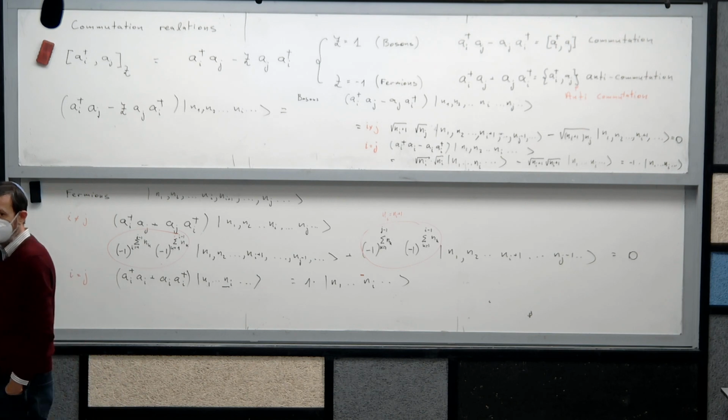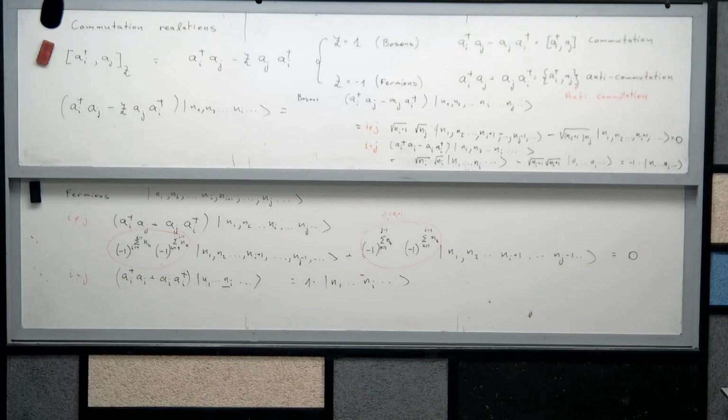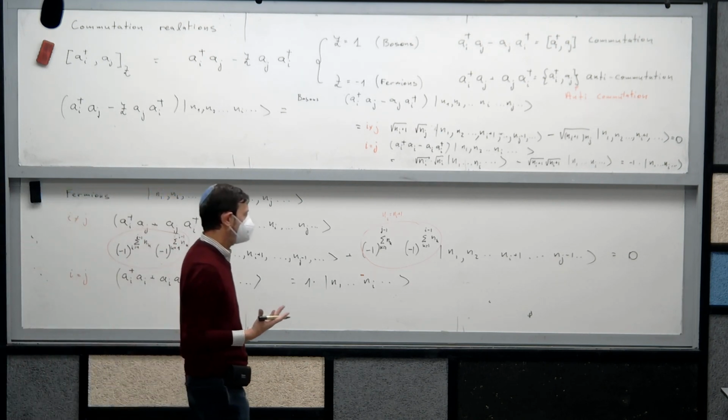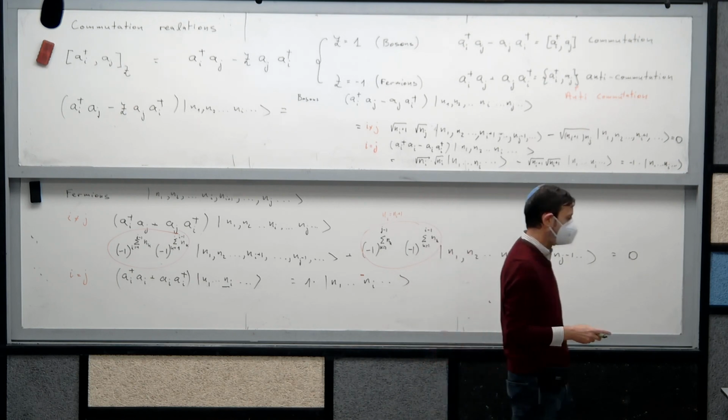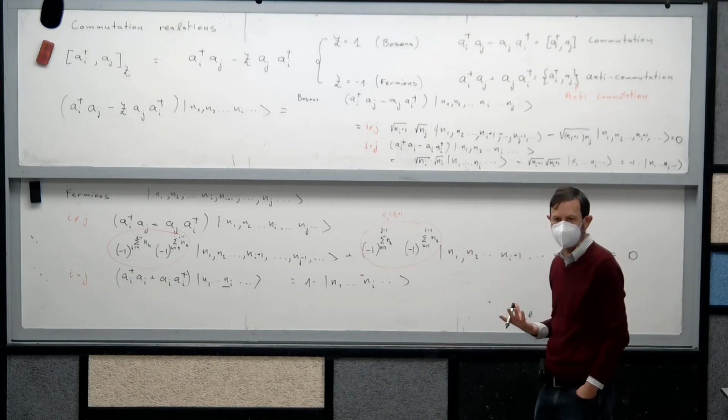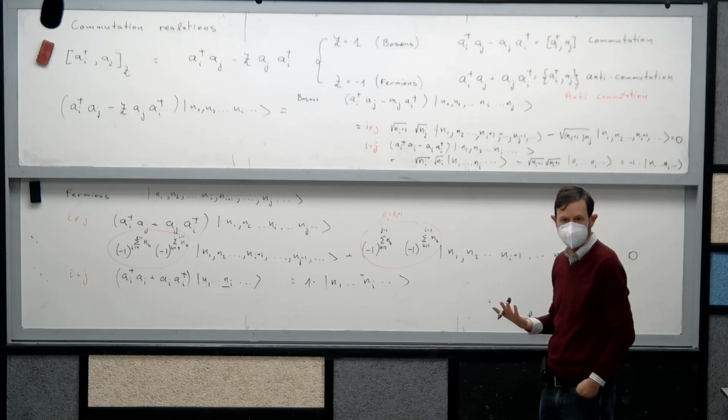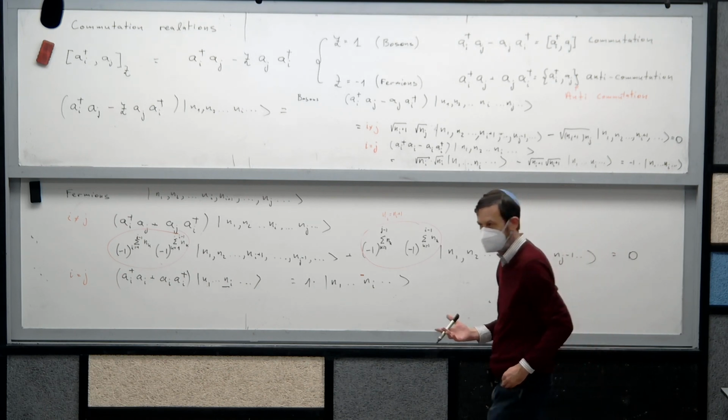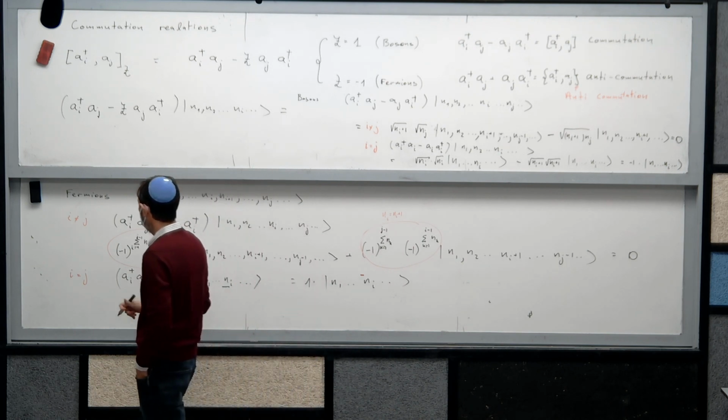I choose it according to my convenience. The physics shouldn't change if I change a basis. So, how do I do it for the usual single particle bases? That one we know, or we are supposed to know.